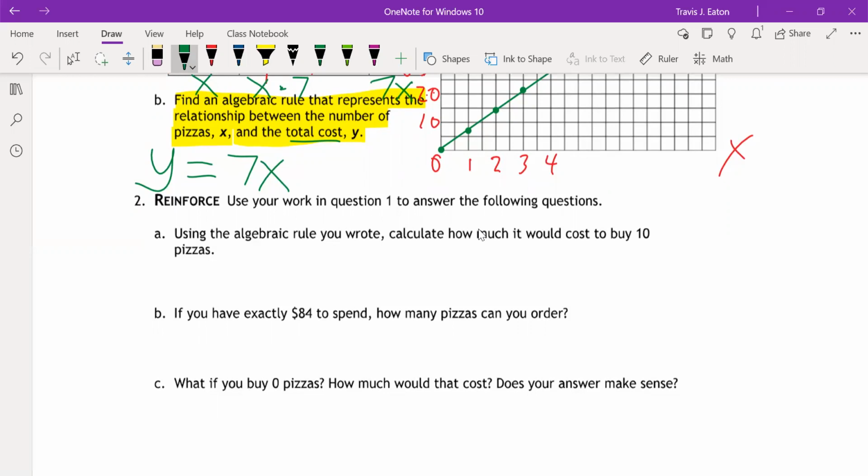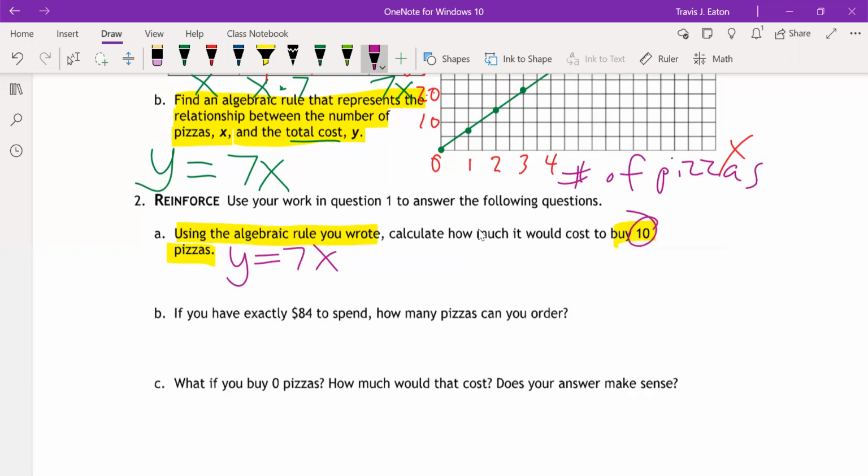So what we've got here is we are going to use the algebraic rule that we wrote. We're going to calculate how much it would cost to buy 10 pizzas. So of course, we're going to use that algebraic rule of y equals 7x. And what is x? X is the number of pizzas. So it says we're going to buy 10 pizzas.